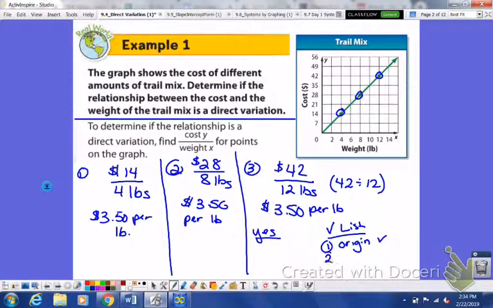Yes. Second thing we check, is it straight? Well, we can look. Yes, it's straight. So check there. And third, do we have a constant? Well, we just saw 3.50, 3.50, 3.50. So yes, there is a constant, and our constant is $3.50 per pound. When we're talking about that constant of variation, we want to make sure we label it.